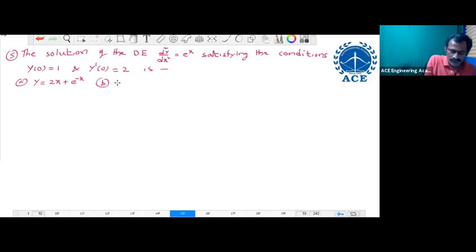Option B, y equal to x plus e power minus x. Option C, y equal to 2 plus e power minus x. Option D, y equal to x plus e power x.